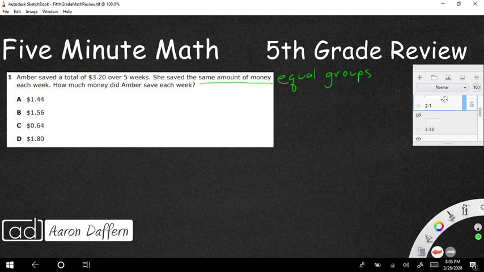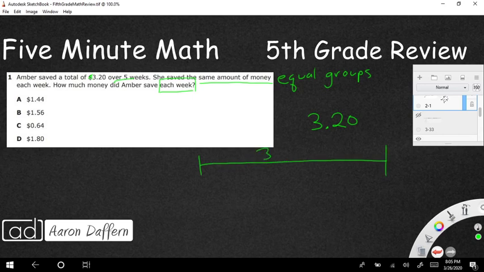How much money did she save each week? Well, our total is going to be $3.20. So I'm just going to drop our dollar sign here, call it 3.20. And she saved the same amount in each week. So if we're doing equal groups and we know that the total is 320, then let me draw a strip diagram for us.